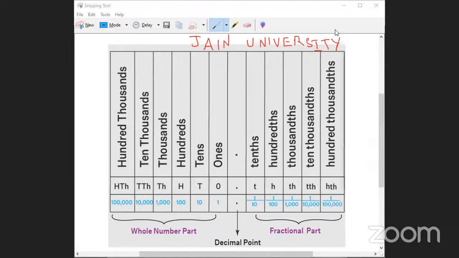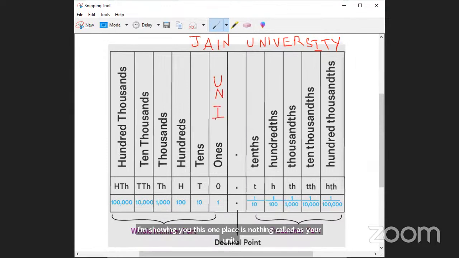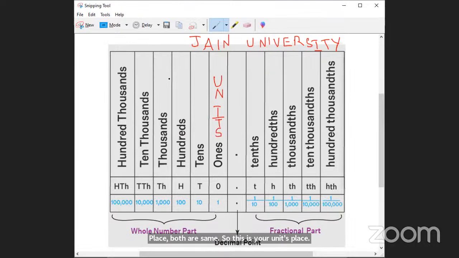Okay, so this is the place value chart. What I'm showing you, this ones place is nothing but your unit place. Both are the same. So this is your units place, then tens place, hundreds, thousands, 10,000, 100,000, and after the decimal, the first number is called tenths, then hundredths, thousandths, ten-thousandths, hundred-thousandths, TH at the end.